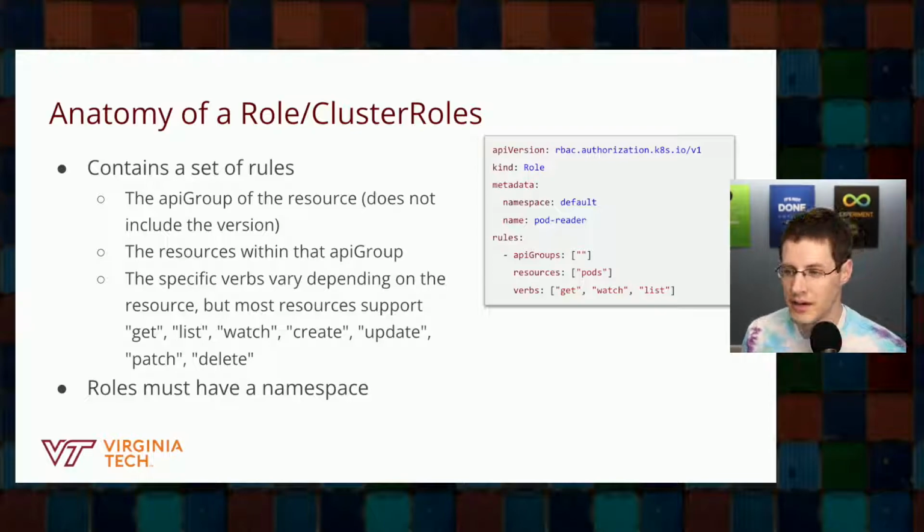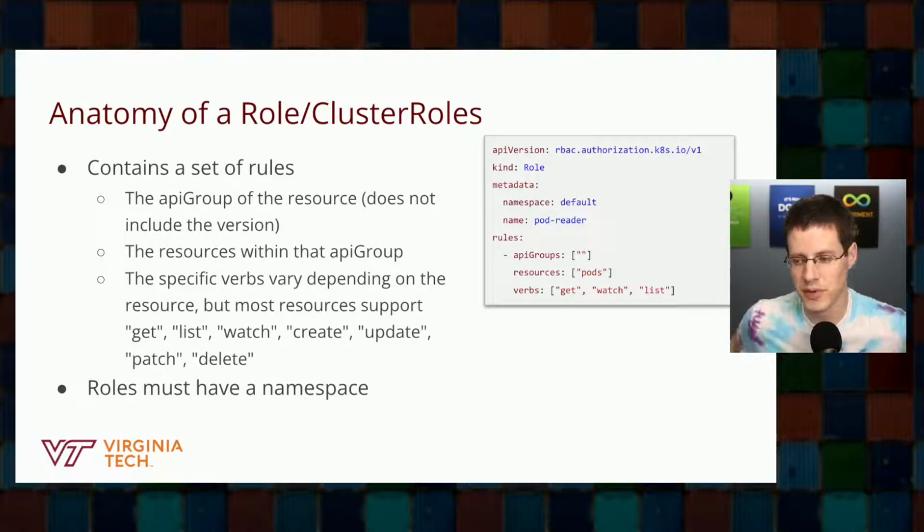Can I exec? Actually, that's a different resource, but anyway, there are quite a few different things we can do there. And since roles are defined within a namespace, you either have to have the namespace selected, or when you apply the manifest using kubectl, it'll just use the namespace that you're in. So again, they're defined within a namespace.